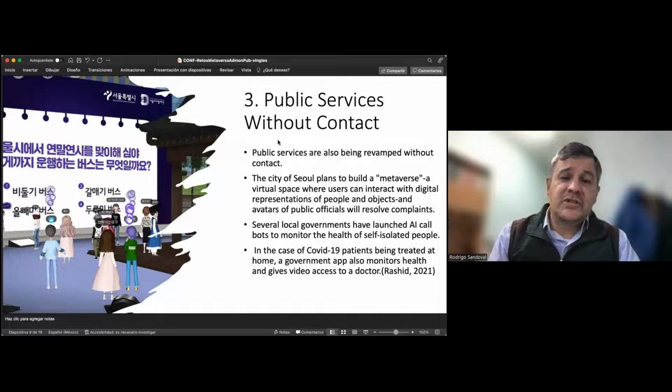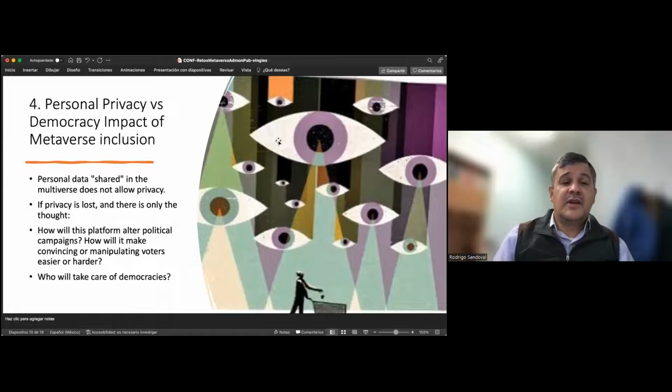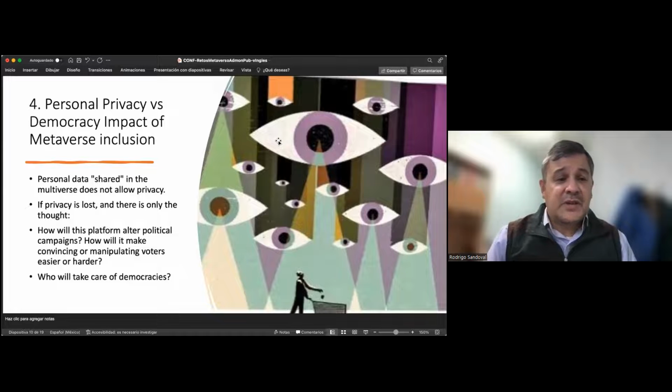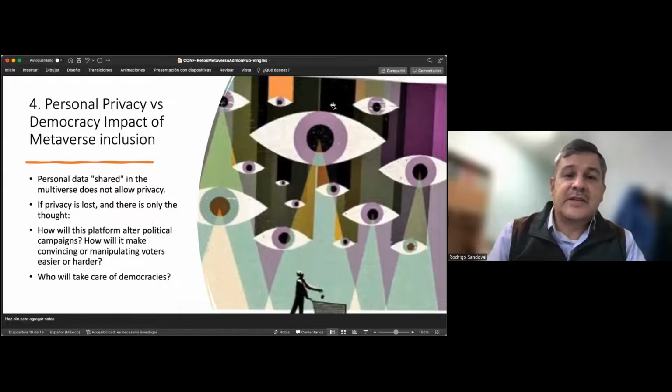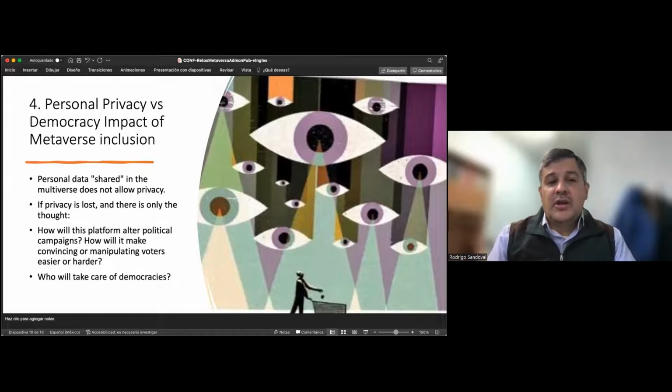So these are the perspectives. The other perspective is precisely the privacy and democracy impact in the metaverse inclusion.